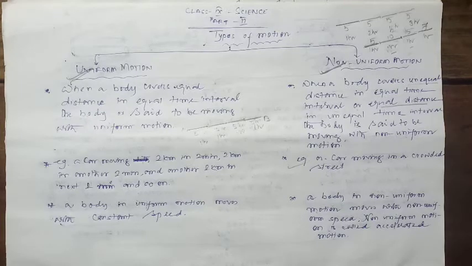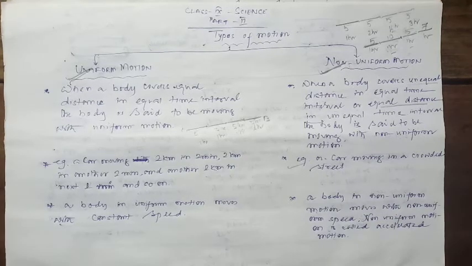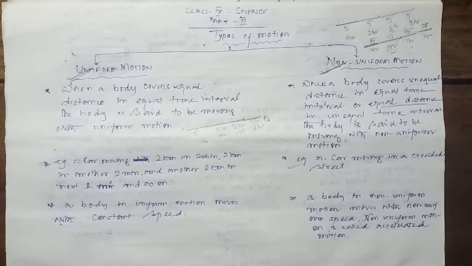If the street is crowded, the movement of the car will be slow. And if it is not crowded, the movement of the car will be fast. So the car will not cover equal distance in equal time. So in that case, the car is said to be moving non-uniformly.